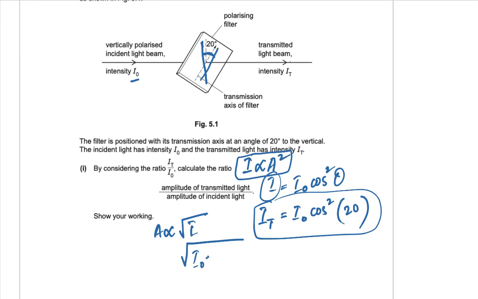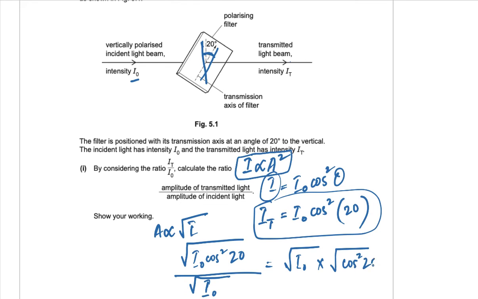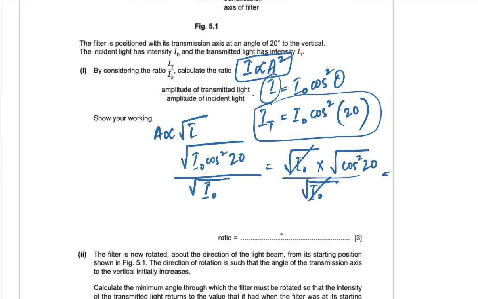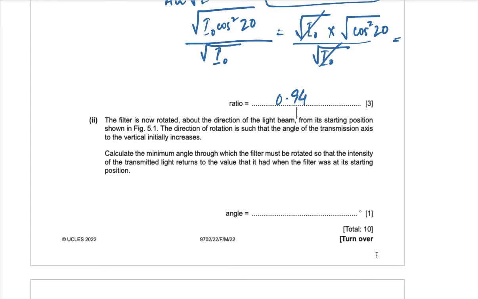So I0 cos square 20 divided by the amplitude of incident light. So again, root of the incident light, which was just I0. All right, so this becomes root of I0 into root of cos square 20 divided by root of I0. The root of I0 and I0 get cancelled, and the root of cos square 20 gives you the ratio as 0.94.